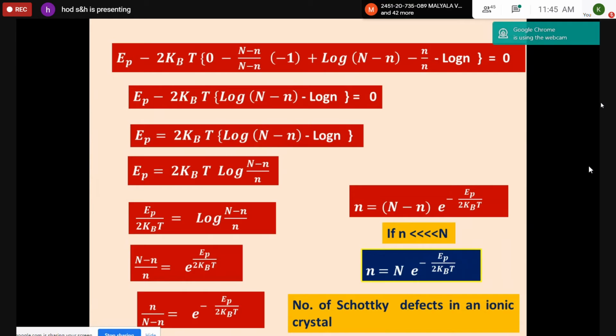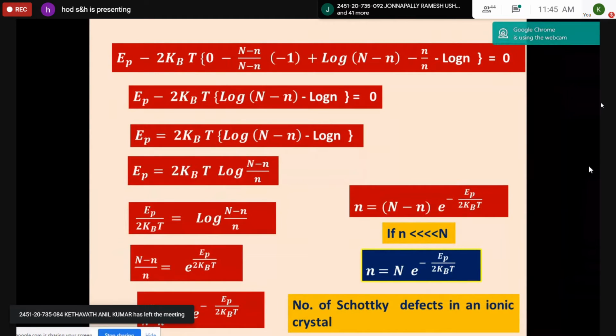Further, you bring the second term to the right hand side because dF by dn at constant T is equal to 0, so it can be equated to 0. Then Ep is equal to 2kBT log (N minus n) minus log n.